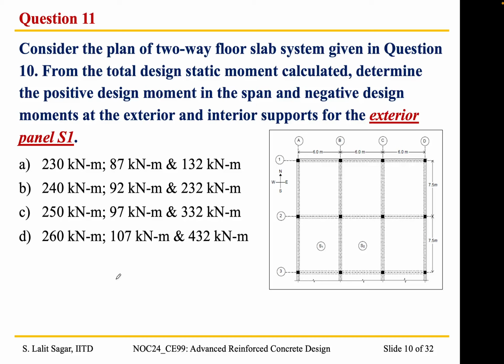So for the exterior span, we have the distribution of moments in the longitudinal direction in this manner. Here we have 0.65 M naught by q.